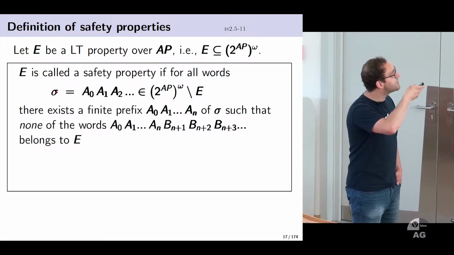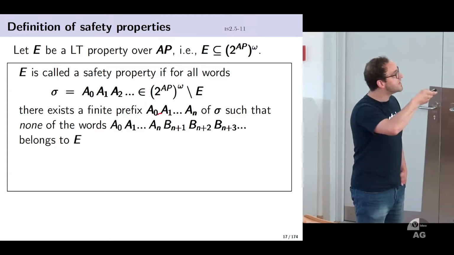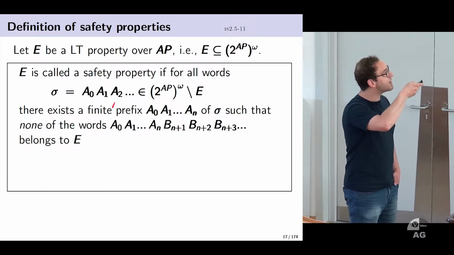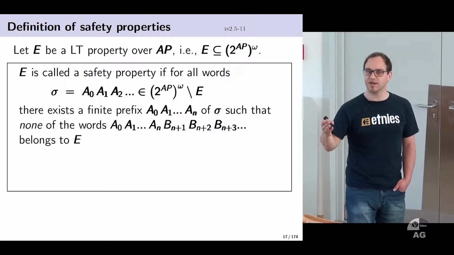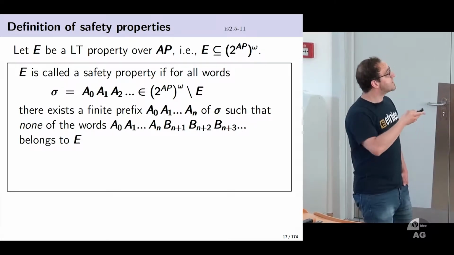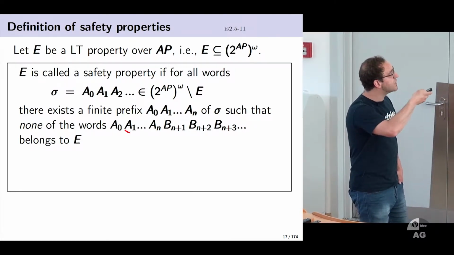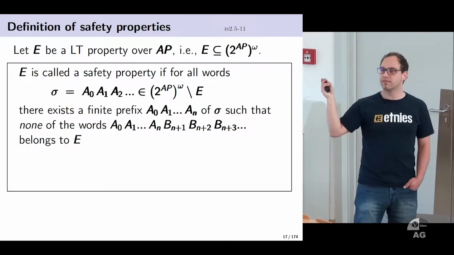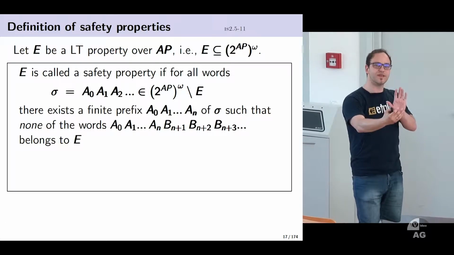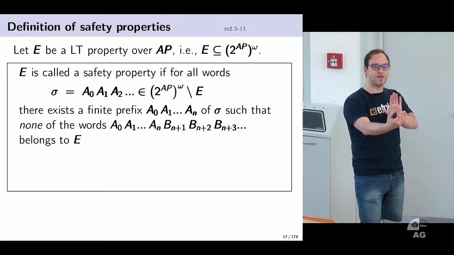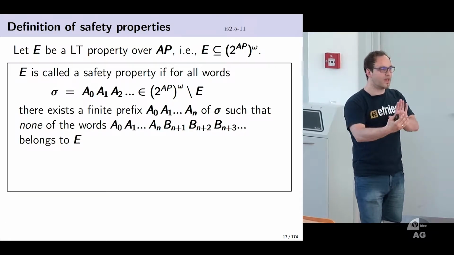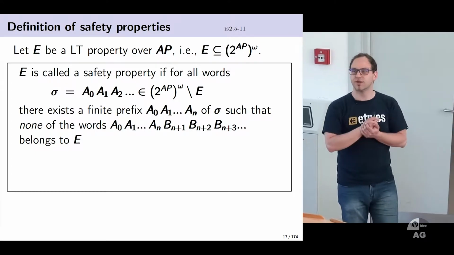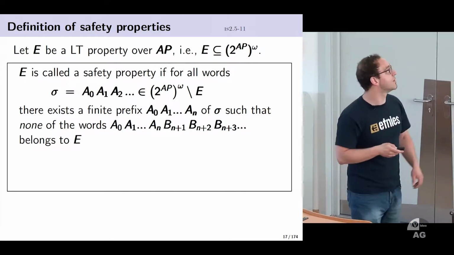If you take an infinite word, then there must be a finite prefix, so you can cut off this sigma at some position, such that none of the words that start with this prefix ever belong to E, right? So if you have this prefix in an infinite word, there is no way that you can ever extend the word to an infinite word such that it belongs to the property again.